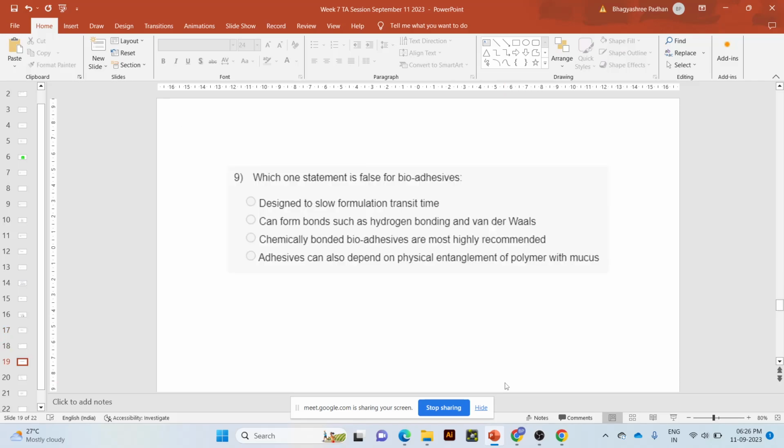Okay. Then next question. Which one statement is false for bioadhesives? Designed to slow formulation transit time, can form bonds such as hydrogen bonding and van der Waals. Chemically bonded bioadhesives are most highly recommended. Adhesives can also depend on physical entanglement of polymer with mucus. So the false statement would be chemically bonded bioadhesives are most highly recommended.